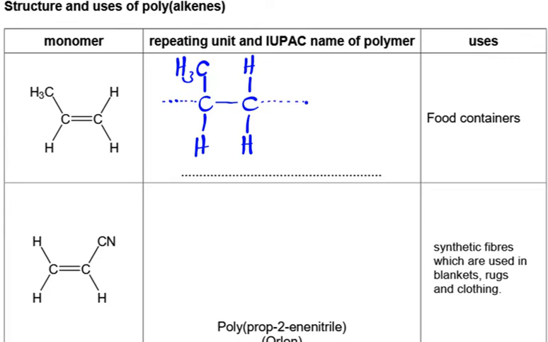So there's our repeat unit, and it's asking for the IUPAC name of the polymer. Well, if the monomer is propene, then we simply have polypropene.